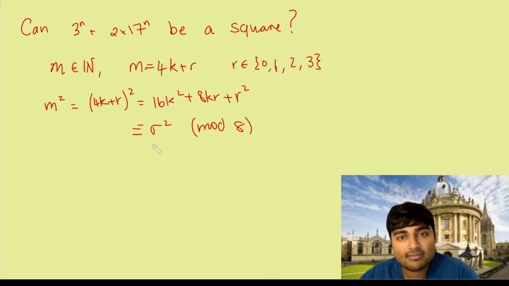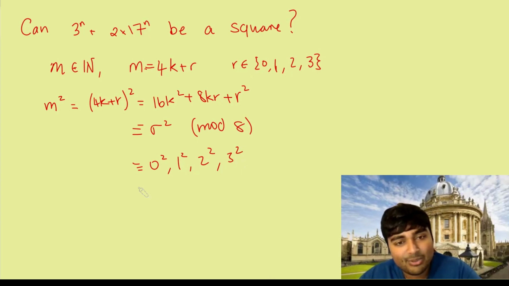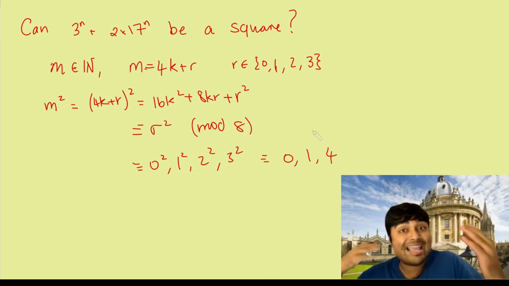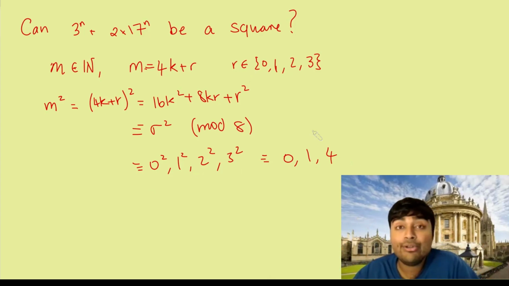Now r is either 0, 1, 2, or 3, so this is either 0 squared, 1 squared, 2 squared, or 3 squared mod 8. 0 squared is 0, 1 squared is 1, 2 squared is 4, 3 squared is 9, which is just 1 mod 8, so it's already in the list. Therefore, any number squared, mod 8, must be either 0, 1, or 4.